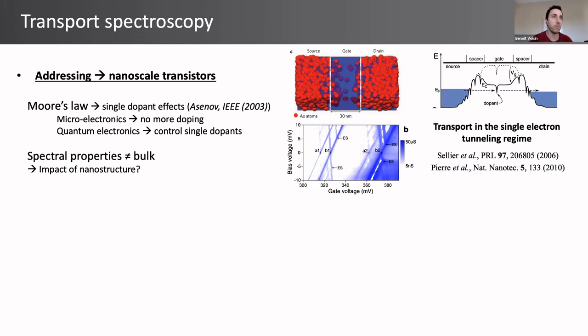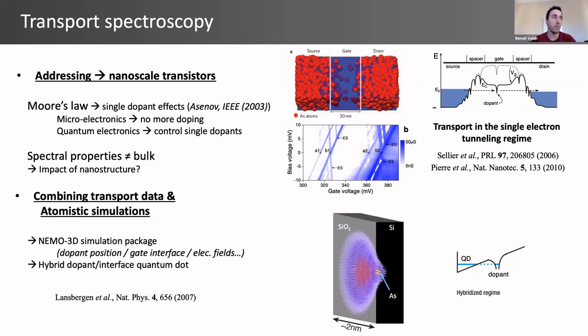And what people quickly realized is that by doing these spectroscopy measurements, you could see that the spectral properties of a single dopant in a nanostructure, in a nanotransistor, were quite different from the spectral properties usually obtained in bulk silicon. That really raised the question of what the impact of the nanostructure is on the dopant properties.